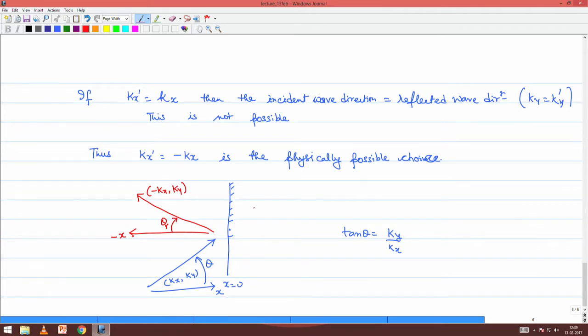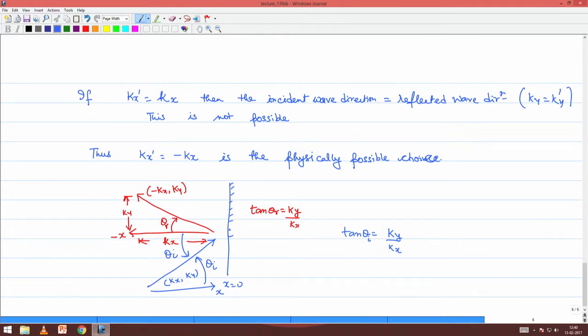So, this theta r would be given by exactly the same relation, tan theta r is k y by k x, because the component of this wave number along the x direction is k x and the component along y is k y. So, tan theta r remains as k y by k x, and tan theta I, to be more specific by calling this theta I, is k y by k x. So, this theta I by alternate angles will also become this theta I, right.